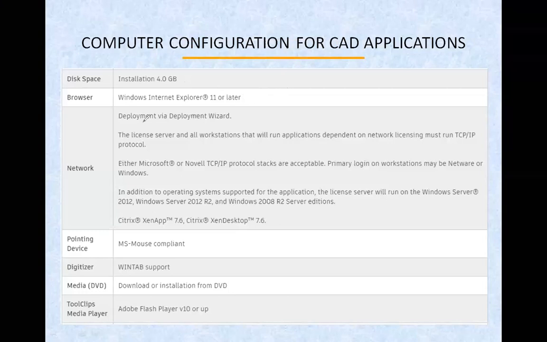Okay, sir. Yeah. So in the system, we need one browser. That can be Internet Explorer or Google Chrome or Opera, anything. We need one browser because if you get any problem or require any help from AutoCAD, the help can be provided through the internet via browser.